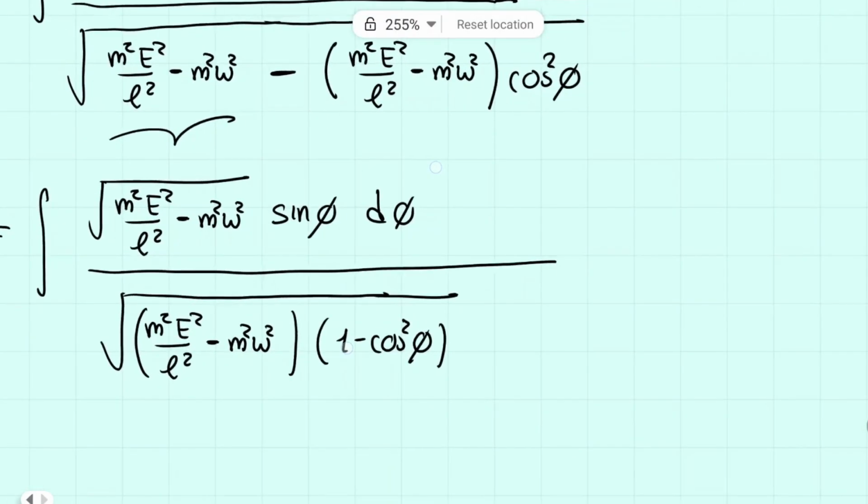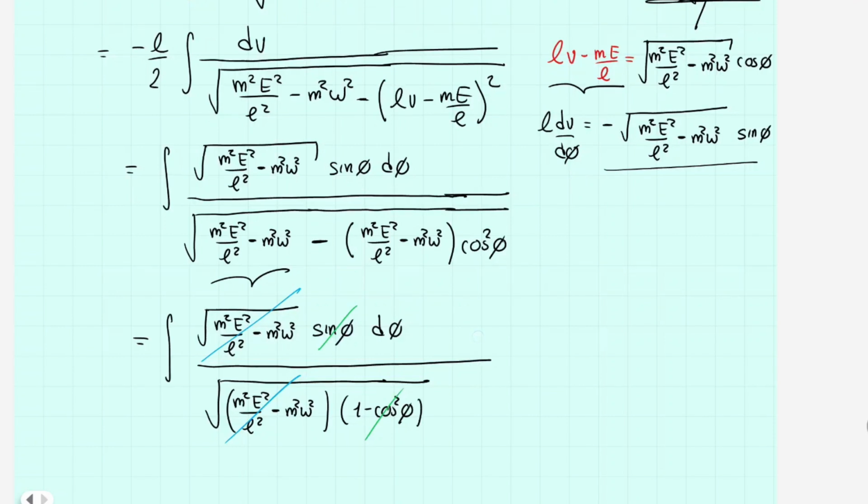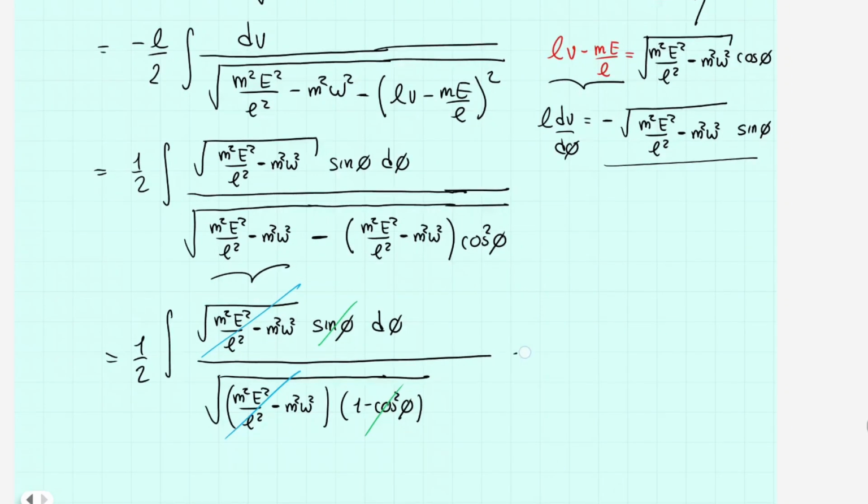So look, here we can cancel this term with this term, and the square root of 1 minus cosine squared of phi is sine of phi, so it can also be cancelled with this. Just to get, and remember that we had 1 over 2 here and here. So this is going to be 1 over 2 the integral of d phi, which is of course 1 over 2 phi.